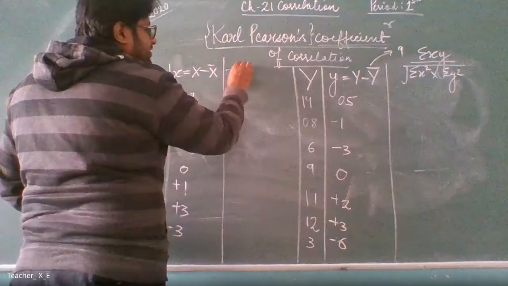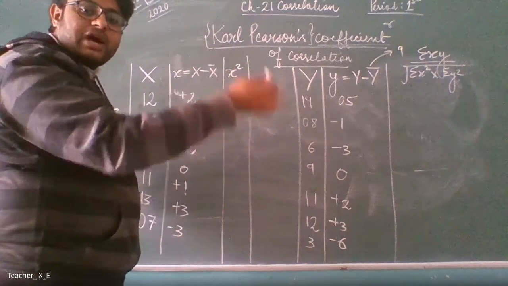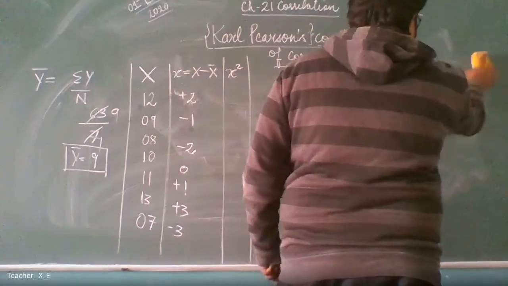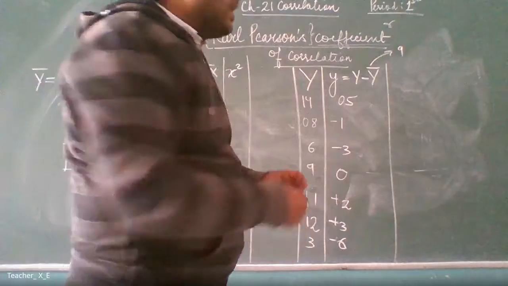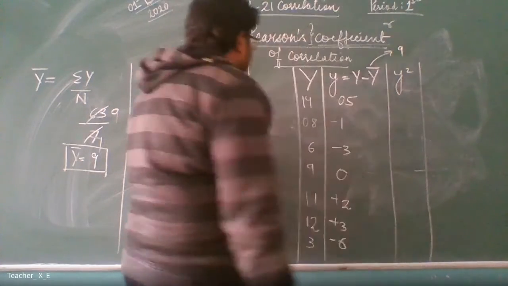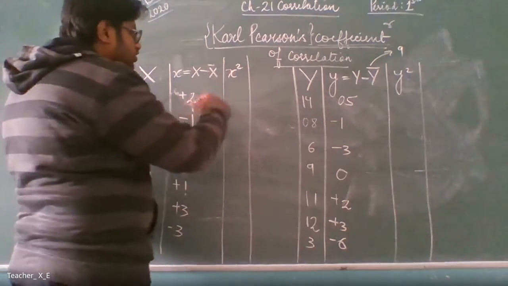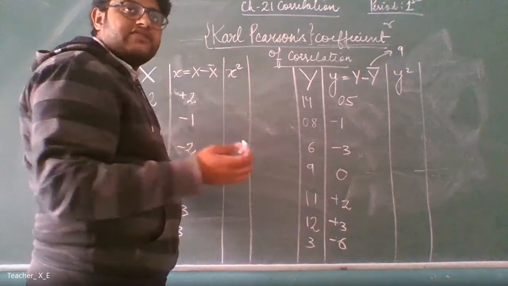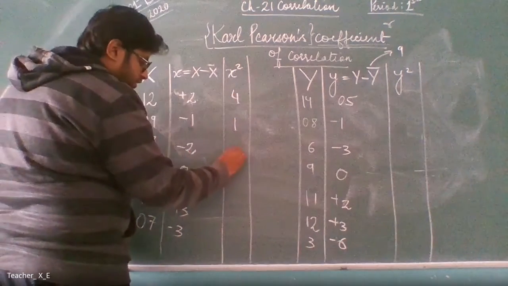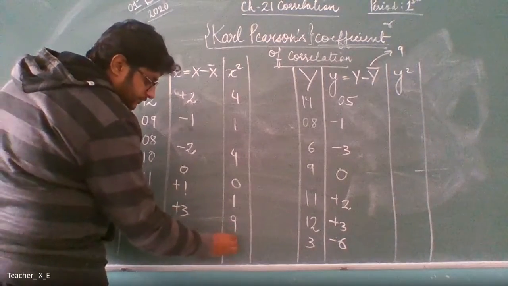We will take the square of the small x we have got, and the square of the small y. So when you take the square of 2, 4, 1, 4, 0, 1, 9, 9.